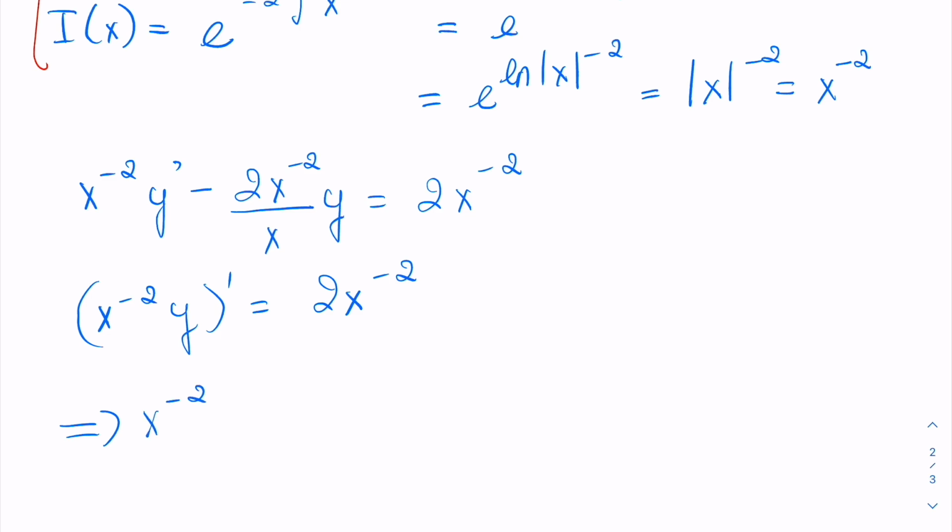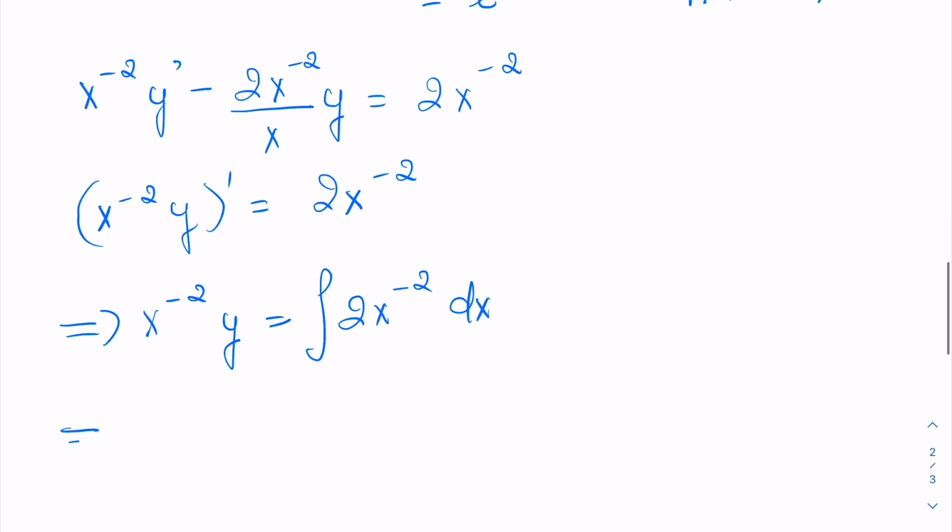So x to the negative second power times y equals the integral of 2x to the negative second dx. That should give you x to the negative 2 times y equals negative 2x to the negative first power plus c.